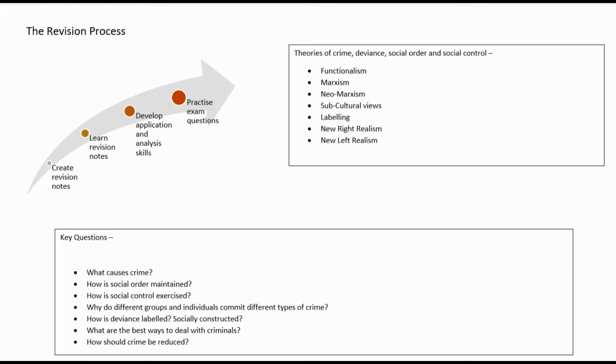You just get somebody to test you on your flashcards, or you have your revision page on functionalism or Marxism and you cover it over, write down what you can remember, look at it, check what you got, check what you missed, add it in, try again in a few days' time to see if you can remember the stuff.